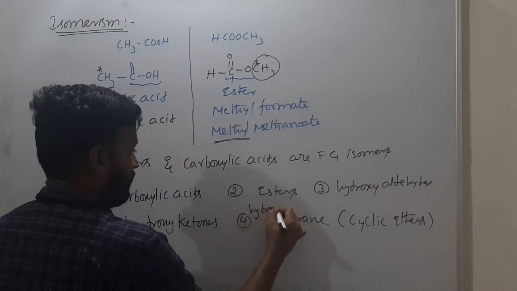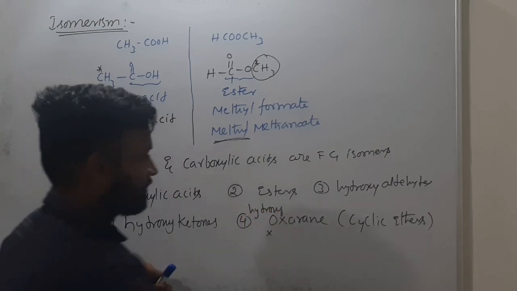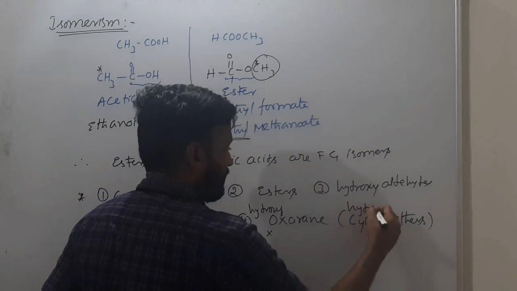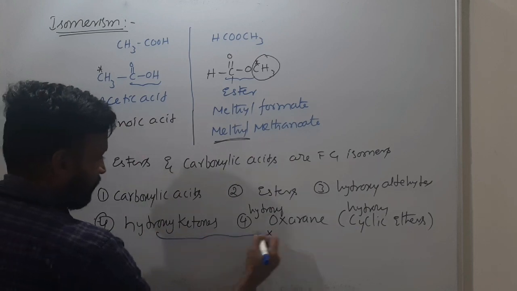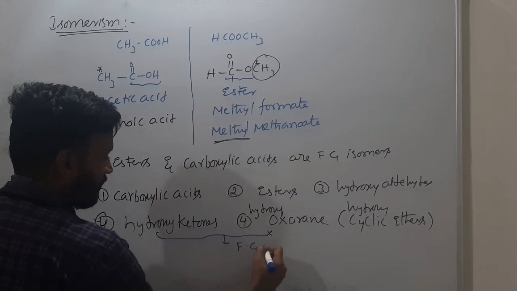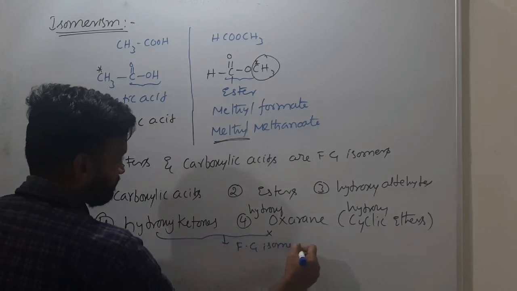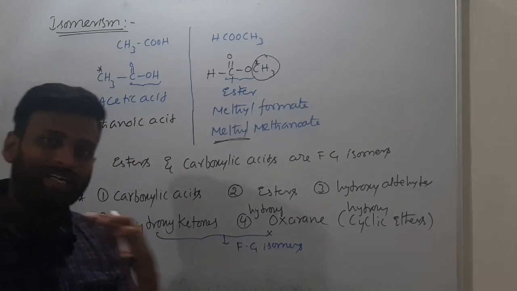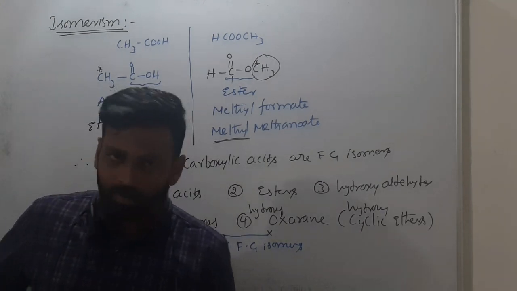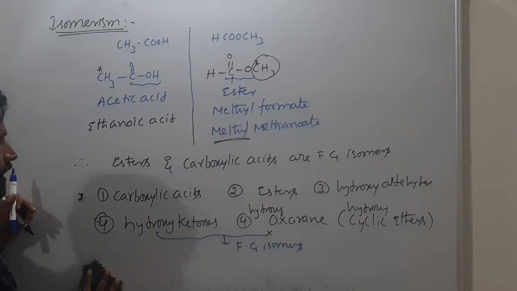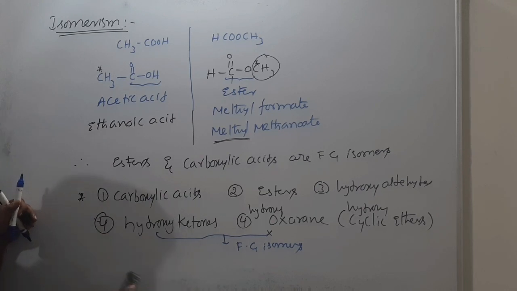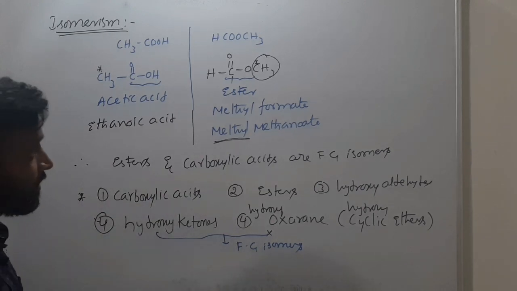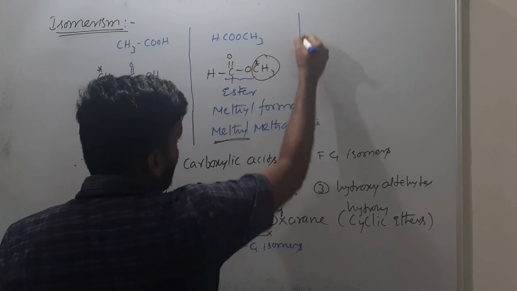Hydroxyoxirins, not directly cyclic ethers. These all are functional group isomers. Ethers and carboxylic acids are functional group isomers, and carboxylic acids as well as esters, hydroxyaldehydes, hydroxyketones and hydroxyoxirins are functional group isomers.